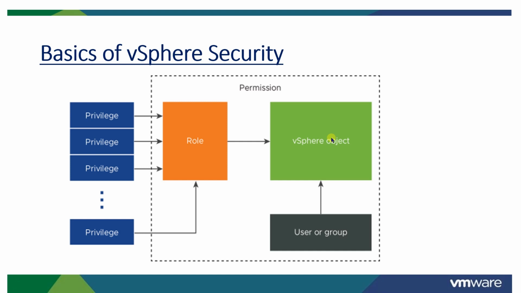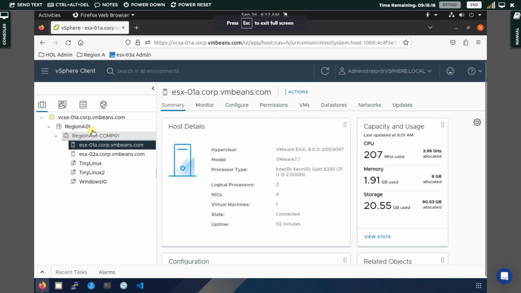Any virtual machine which you create in any of your hosts. So a VM is one kind of object, a cluster is another object, a virtual data center is another object. Object doesn't have any technical significance, it is simply a terminology. This cluster will be one object, region A01 will be one object, the hosts will be objects, and the virtual machines will be another object.